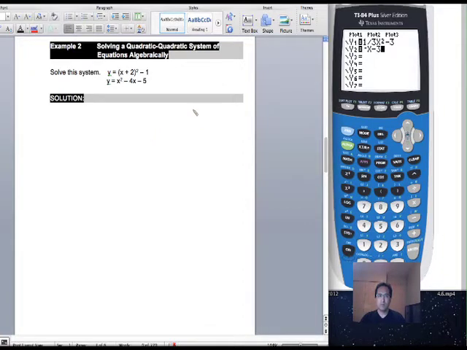First possibility, they don't hit, so there's no solution. You'll know that because the variables will disappear and you won't be able to solve for it. Here, the 2 vertices of the parabolas are just barely touching, so that's going to be one solution.